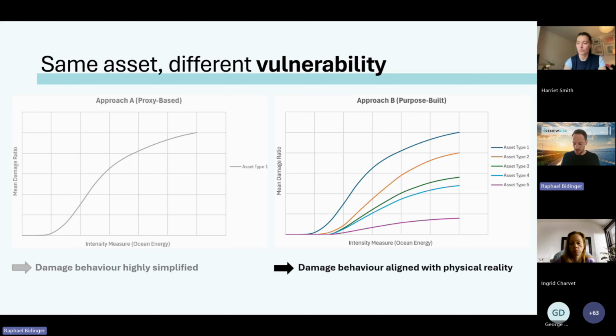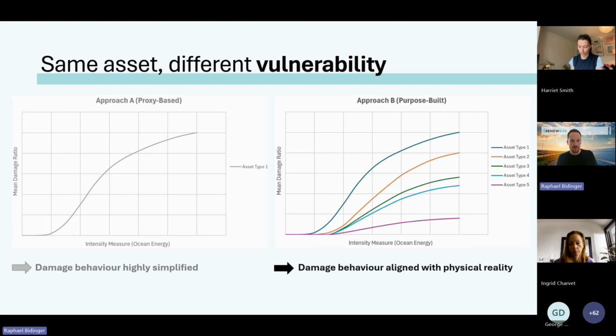But the problem is that you're assuming a uniform damage response across all wind farm components here, and you're not reflecting the offshore specific failure mechanisms. But just like Ingrid and Yorgos have highlighted before, the different wind farm components respond very differently to the offshore windstorm hazard, specifically where the wave becomes an important driver of damage as well.